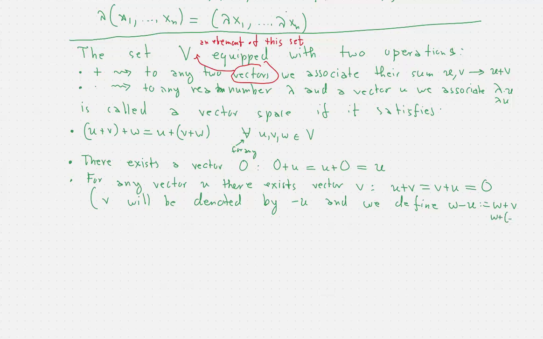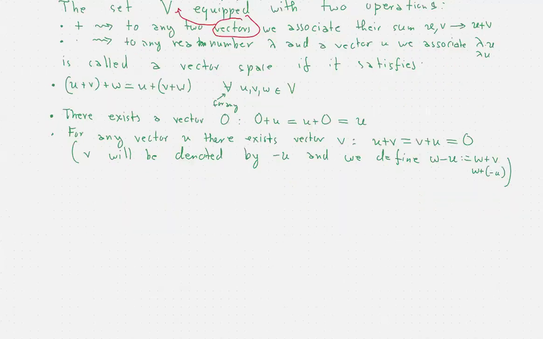And we have one more property here that involves just addition, which is that addition is commutative. So the order in which you add two vectors does not matter. Now we have four more properties that involve multiplication.